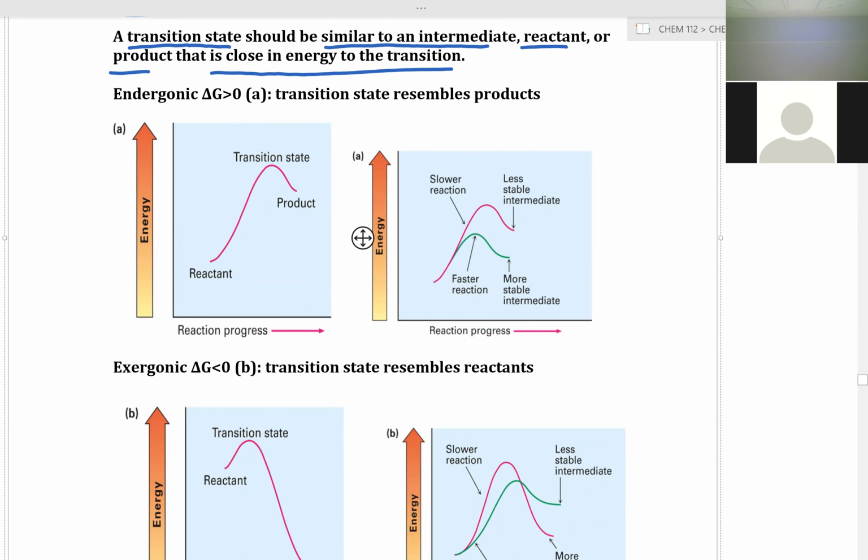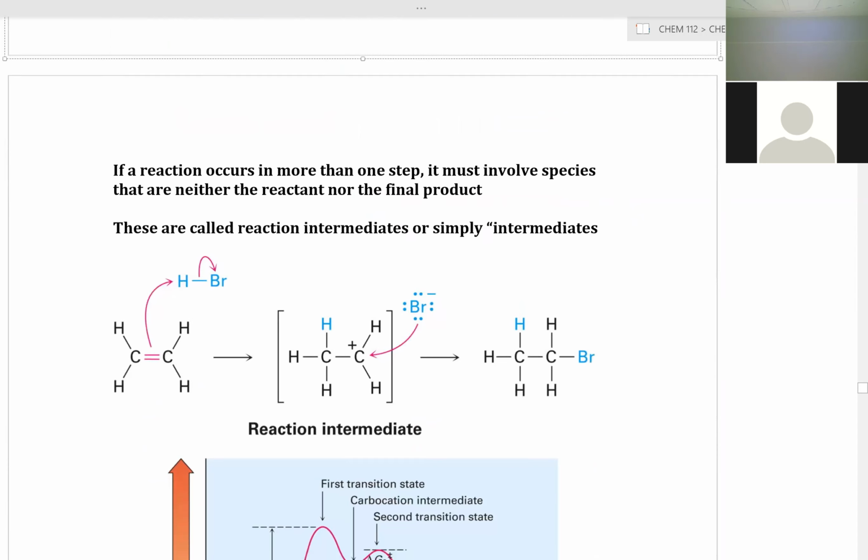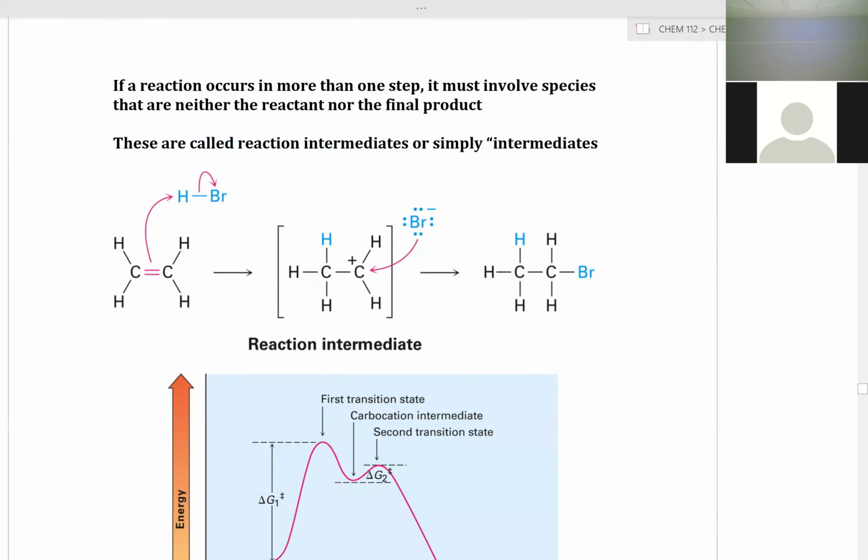Okay, so we have our endergonic and exergonic reactions. Let's now look at electrophilic addition. Just to show each of the steps, first we have protonation. That's step 1, and in step 2, we have addition.